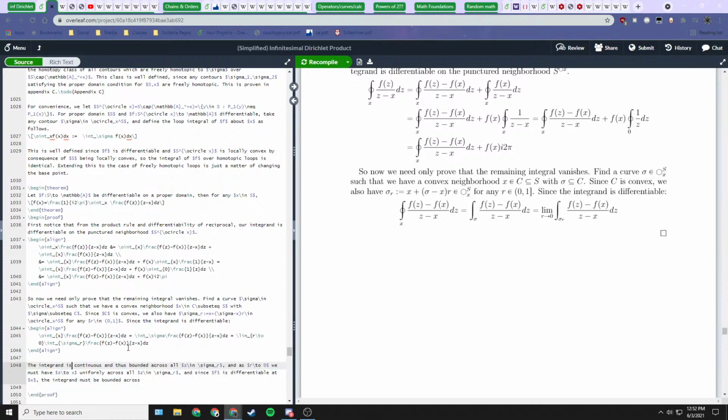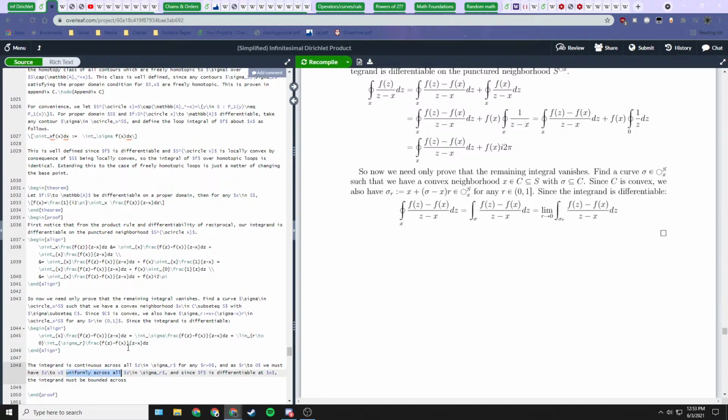The integrand is continuous and thus bounded across all z in sigma sub r for any r greater than 0. And as r goes to 0, we must have z goes to x.